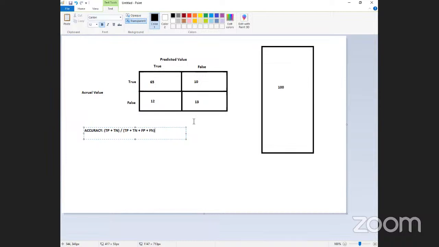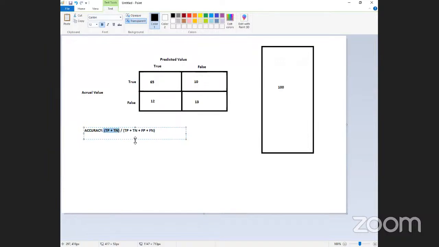False negative means this, where the actual value is true but the predicted value is negative. False positive means this one. So accuracy is how much the algorithm says this is true and it is true, and how much the actual value is negative and the algorithm also says it is negative. We call this accuracy.